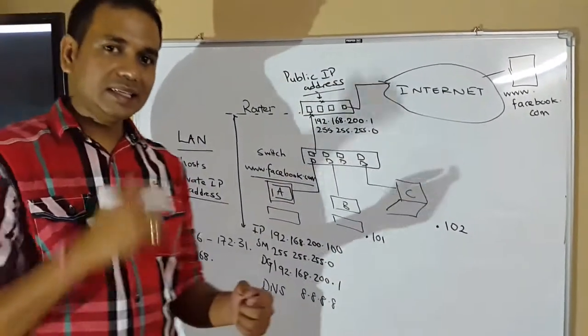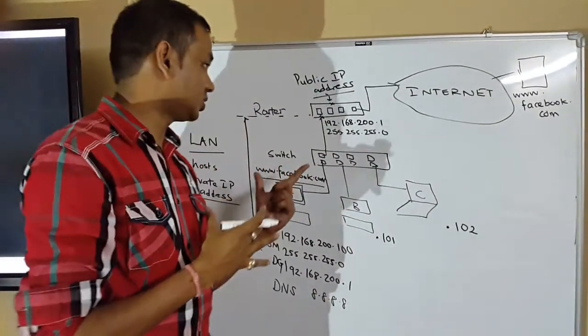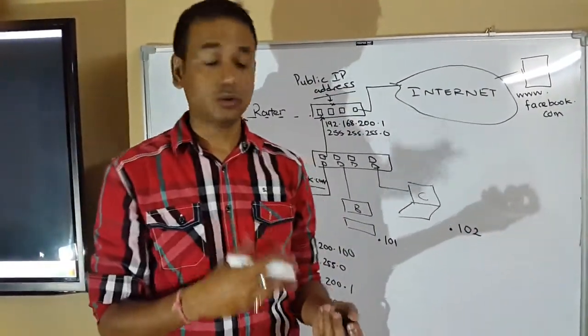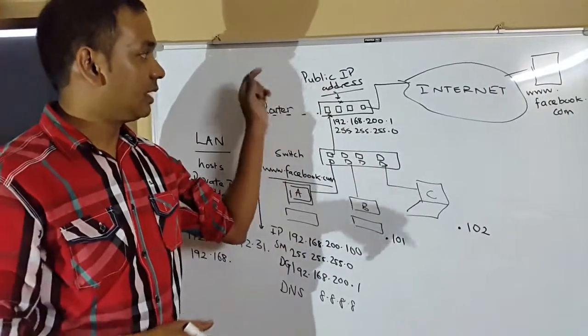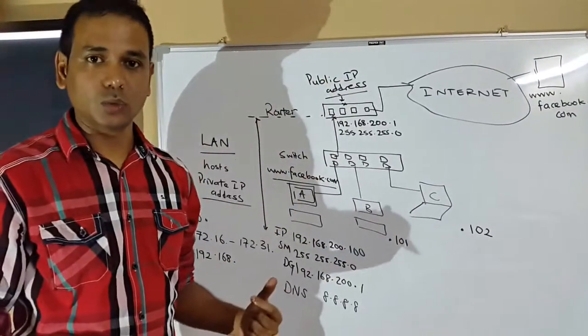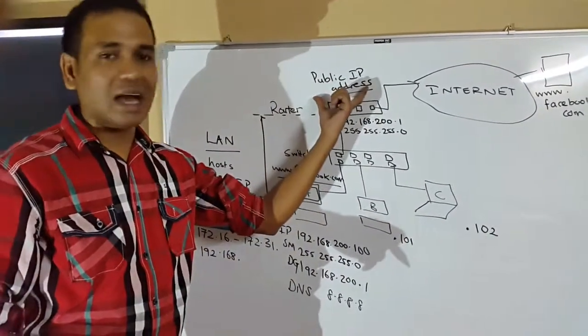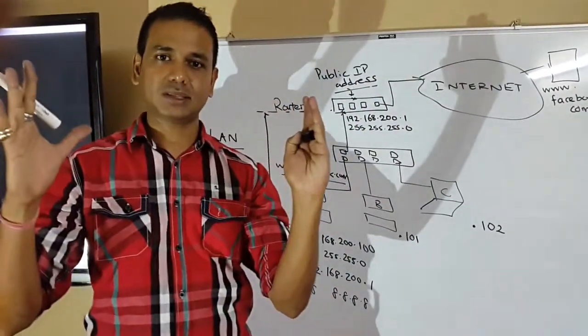A router is one of the devices on a network, normally routers and firewalls, that has a public IP address as well. That public IP address is the main address.